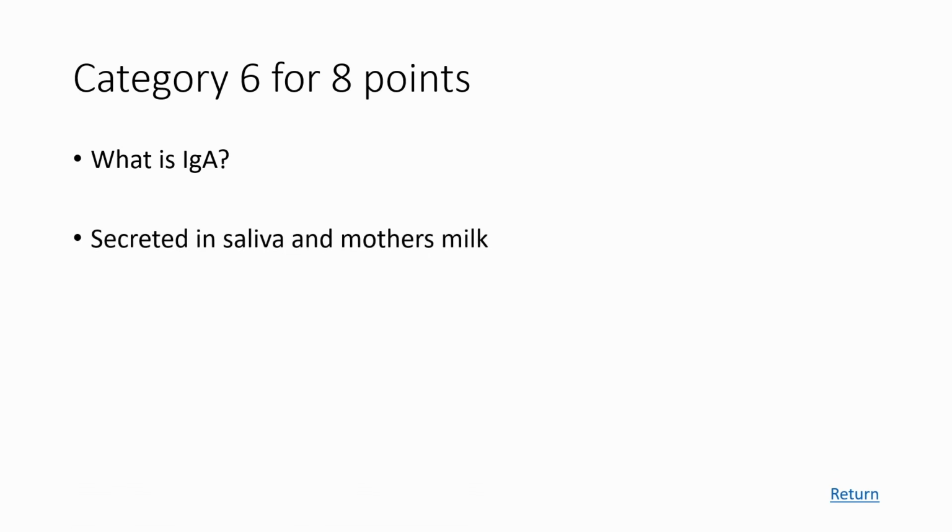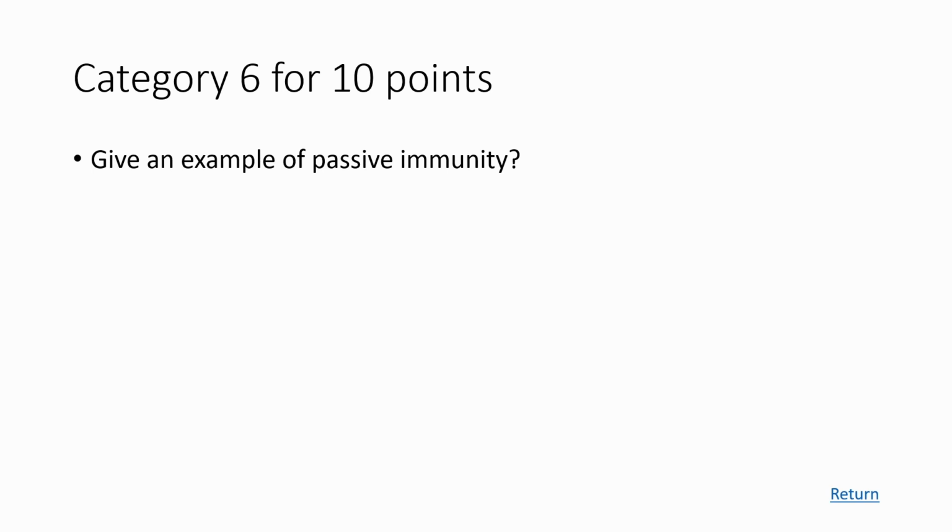Okay, saliva, mother's milk. Remember, this is in the saliva, so breast milk. Again, this is passive immunity because it's going from the mother to the infant. And remember also animals licking their wounds because they have the IgA in the saliva to help clear out any infections in the wound.